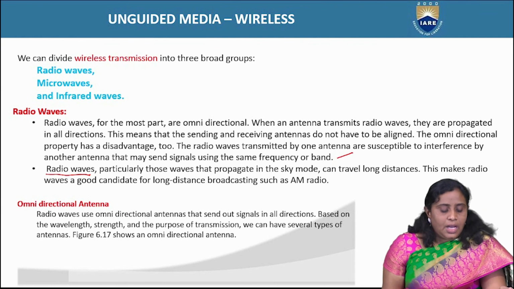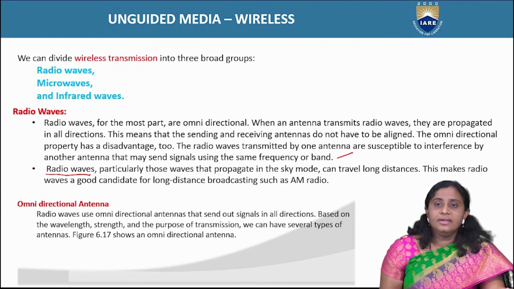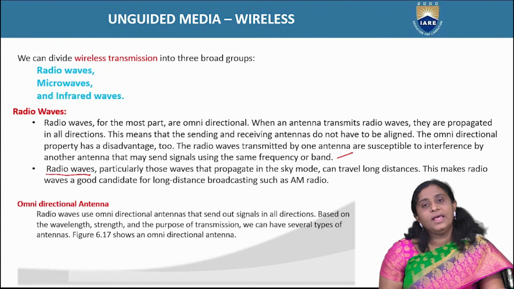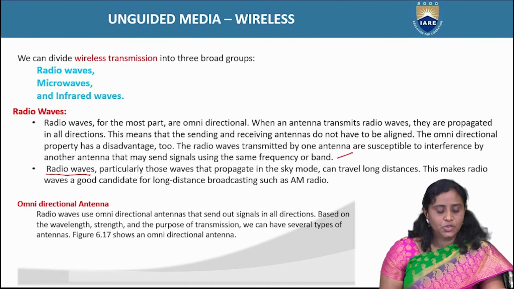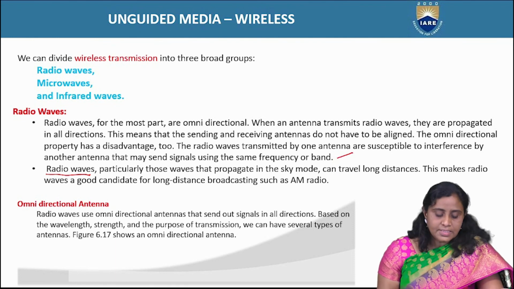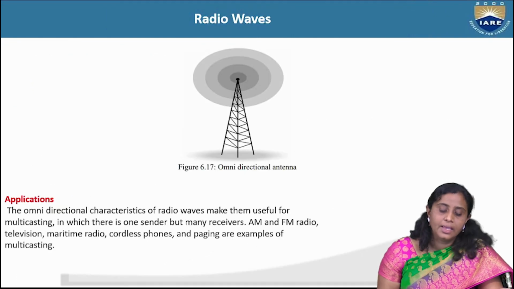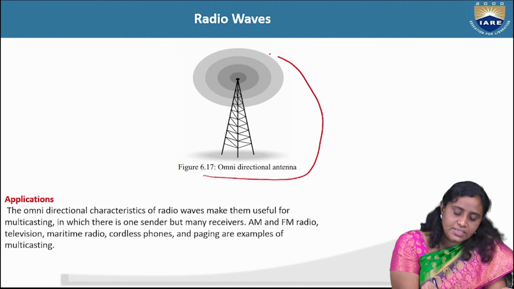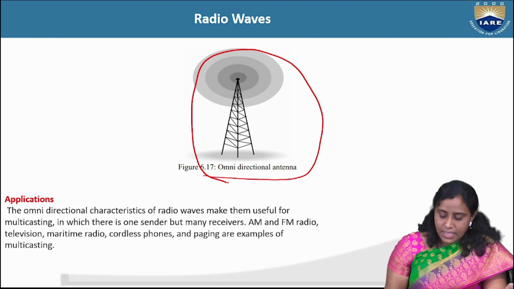Omnidirectional antennas send out signals in all directions. Based on the wavelength, the strength, and the purpose of a transmission, we can have several types of antennas. Figure 6.17 shows the omnidirectional antenna. Nowadays it is used vigorously in society.